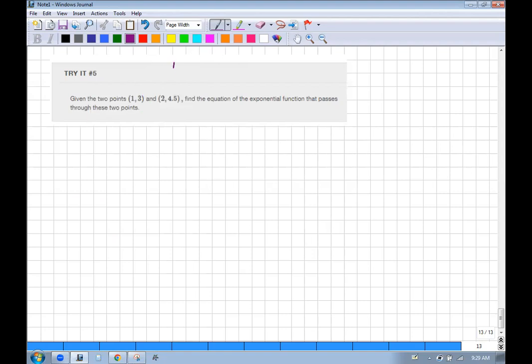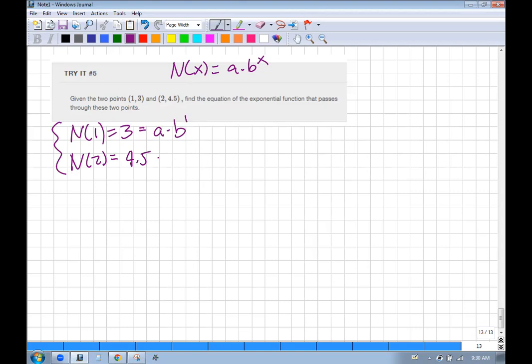Again, we want to say N of X is A times B to the X. I'm just going to use N because that's what we used in the last example to name the function. So this right here says that N of 1 is 3, and this one says that N of 2 is 4.5, right? Well, this is A times B to the first, and this would be A times B squared, right?